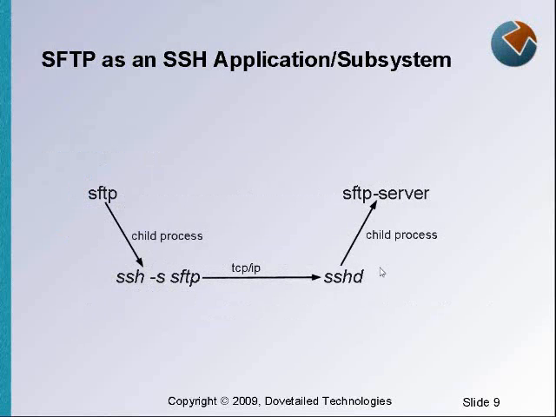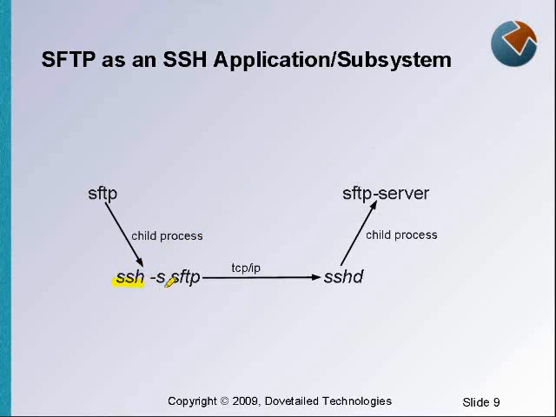This is a diagram that kind of shows how this works in a typical SFTP implementation. For example, in OpenSSH, the common implementation that's out there, what you'll have is separate commands, really. The SFTP command, when you use it, actually starts an SSH command as a child process.